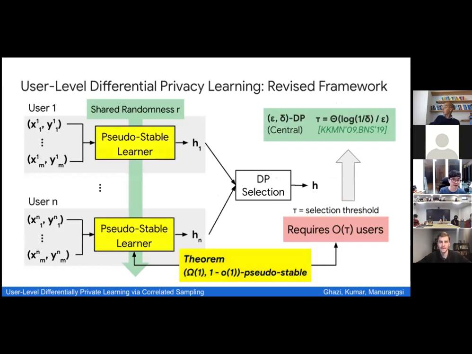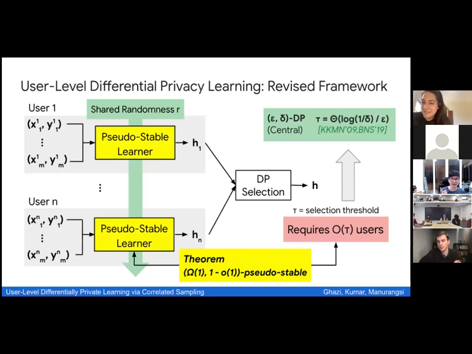Any additional questions? I have a small question on the setup. We're still in the central model, and so this randomness is from the central DP algorithm. The central DP algorithm picks the randomness and gives it to the learners. Yes.